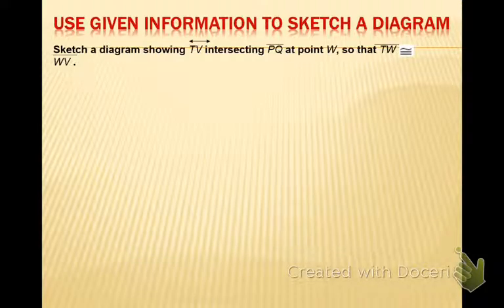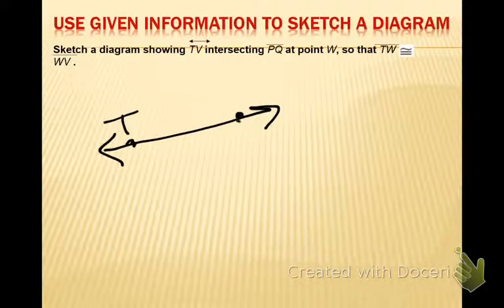Here's where I would start. Line TV is supposed to intersect segment PQ, right? So maybe we draw line TV. And it's supposed to intersect segment PQ at point W. So some point on this line, there's a point W that segment PQ is going to meet line TV, right?